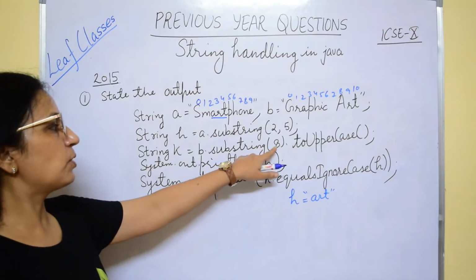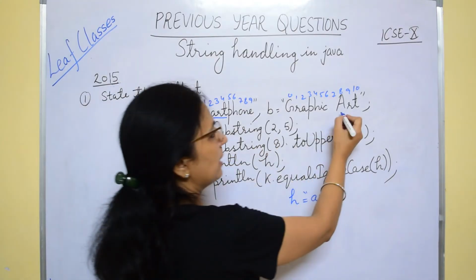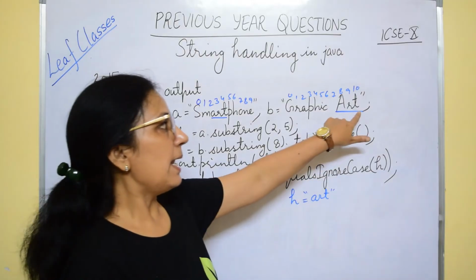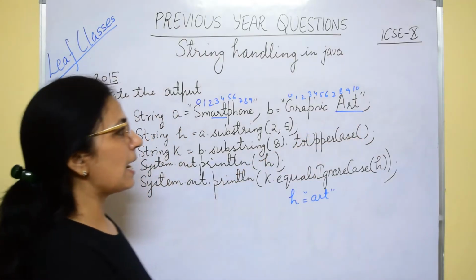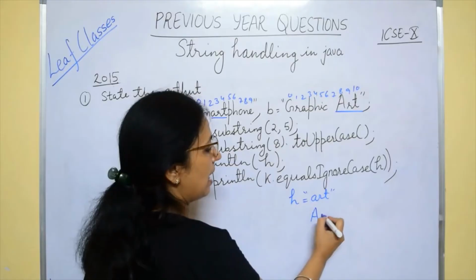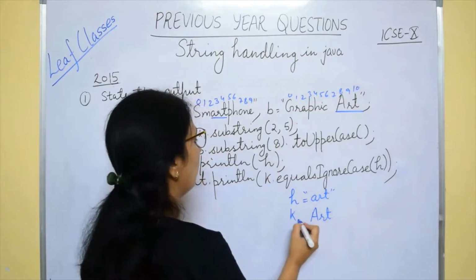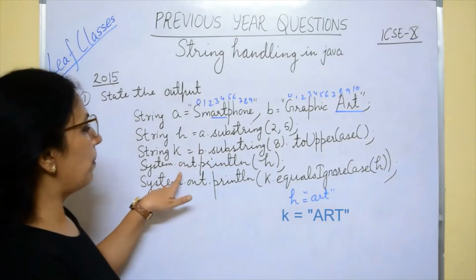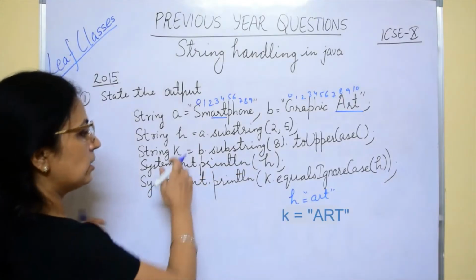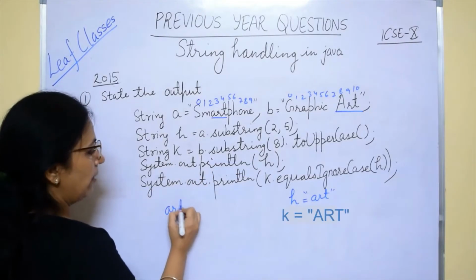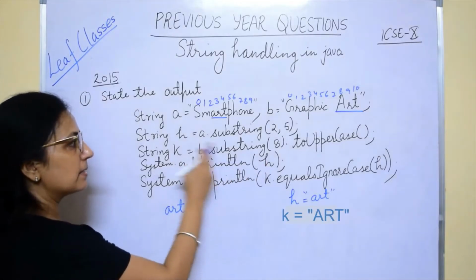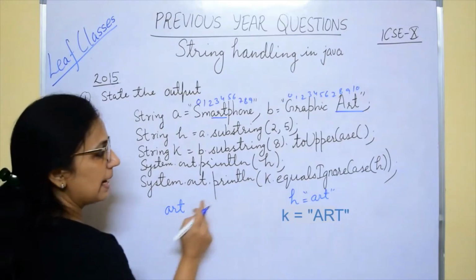B dot substring of 8 starting from 8th index number till end. So it is ART, capital ART is the value of K. Now you have to print H. H is art. We have printed the output for the first print statement, that is H value, and H is art.